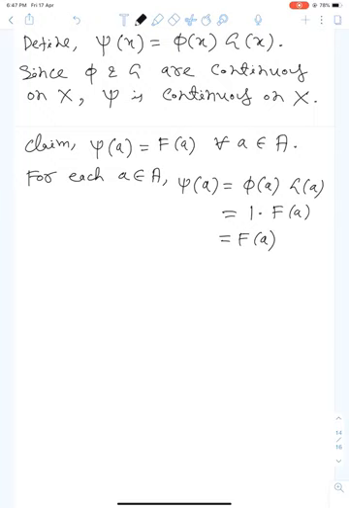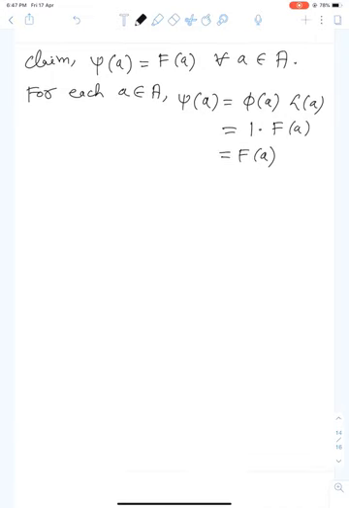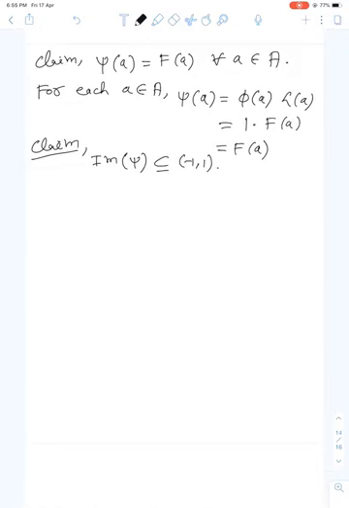Right? Now what is the codomain of psi? Now we claim the image of psi is a subset of (-1, 1). First of all, note that phi is a function from X to [0, 1], right?